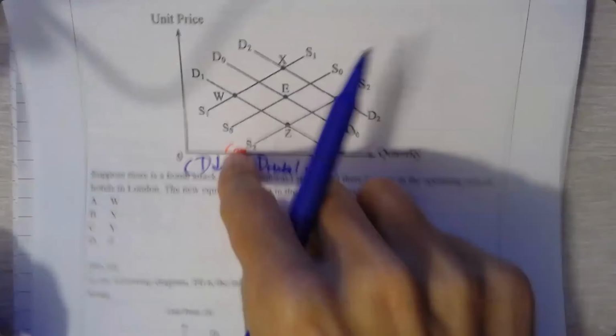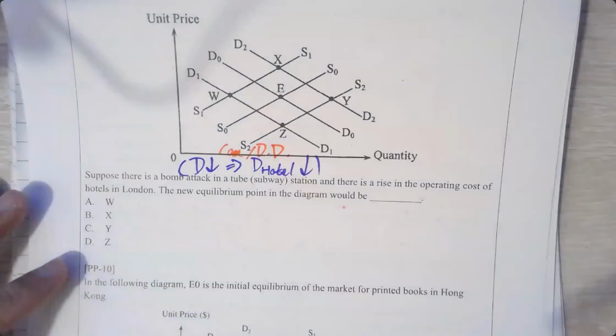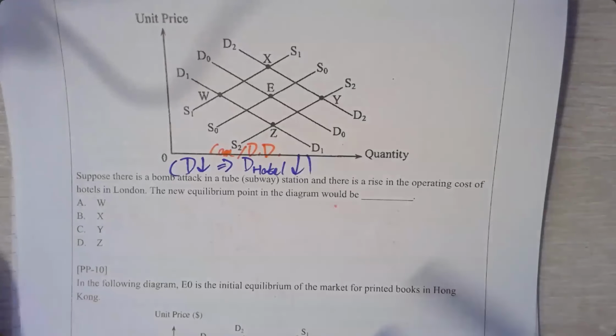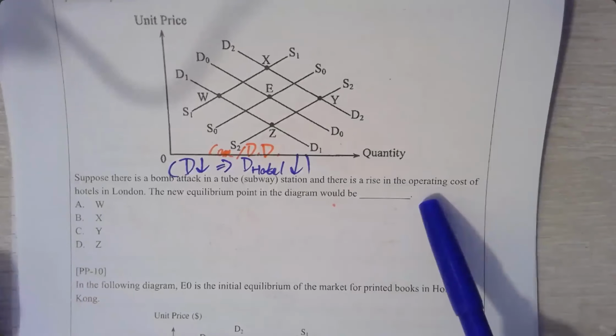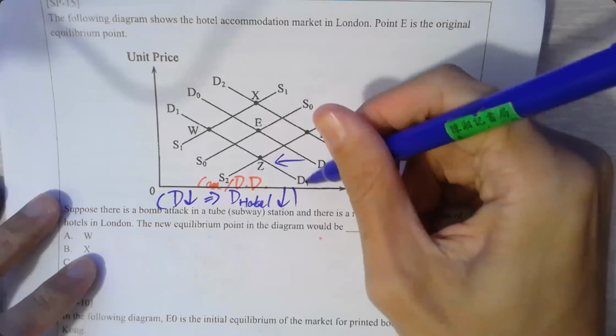OK 係咪啊？Depending on how you argue. OK，我覺得兩個都拗到嘅，視乎你係咩角度睇嘅啫，好嘛？Therefore demand decreases D1.